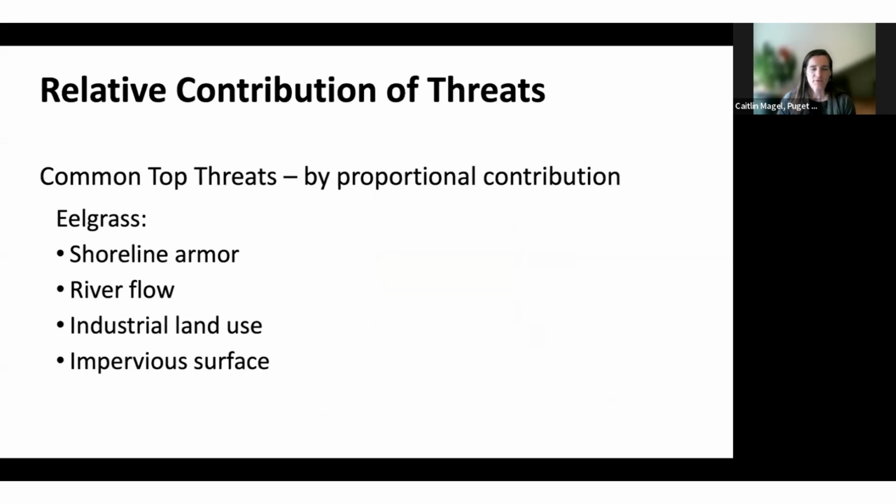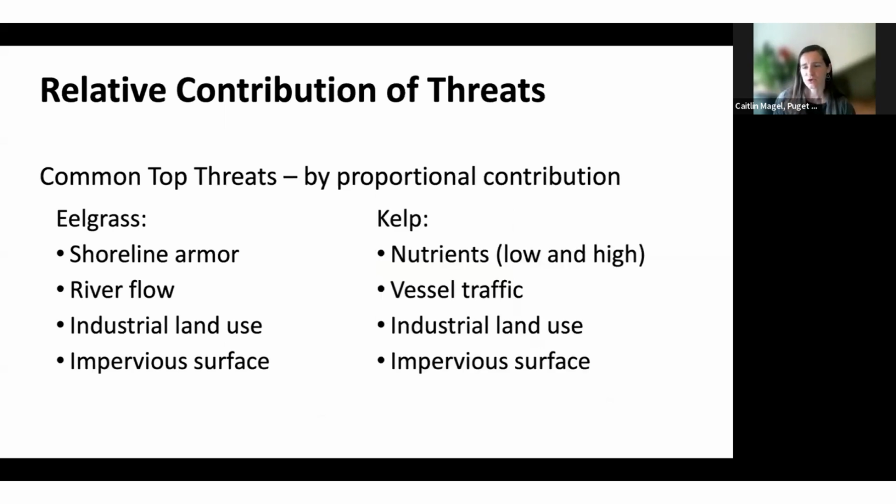And what we found was that for eelgrass, shoreline armor, river flow, industrial land use, and impervious surface coverage were commonly in the top 5 threats to eelgrass for each subregion. So these may be universally common threats across our study region. For kelp, nutrients, vessel traffic, industrial land use, and impervious surface coverage were commonly in the top 5 for each region for kelp.